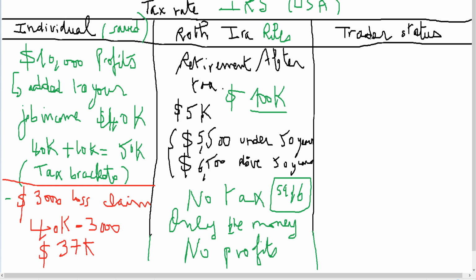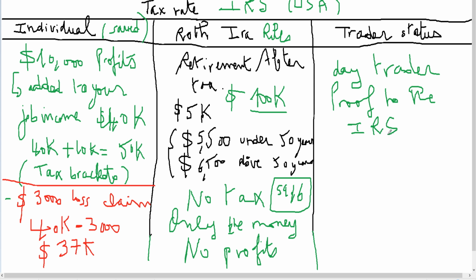Trader status means you should be a day trader, someone who trades a lot, okay? And you should give proof to the IRS.